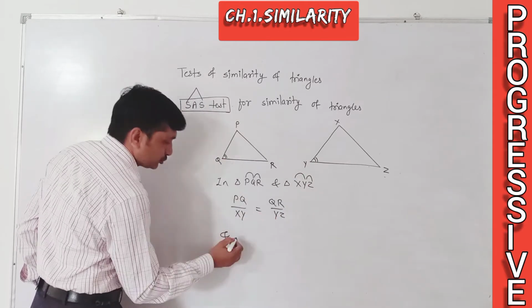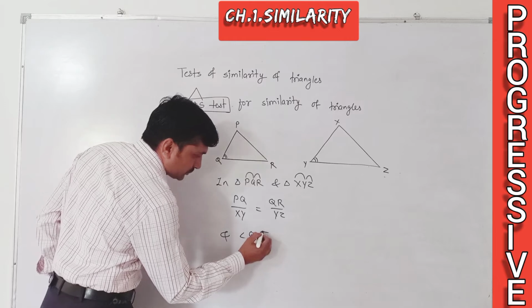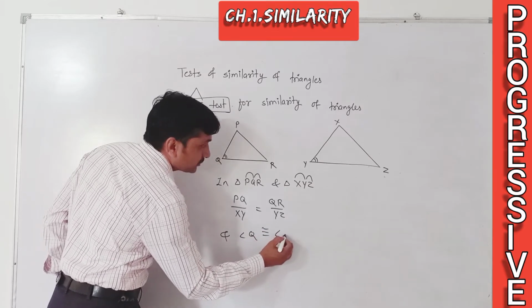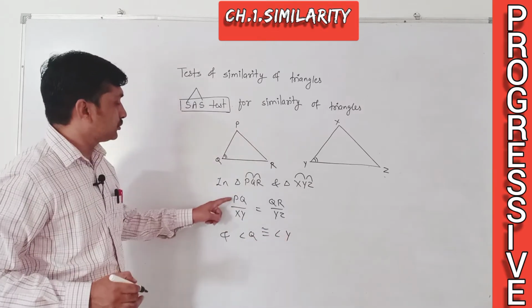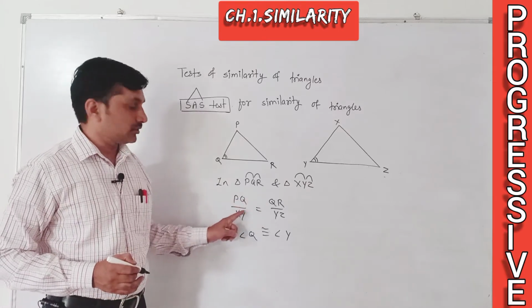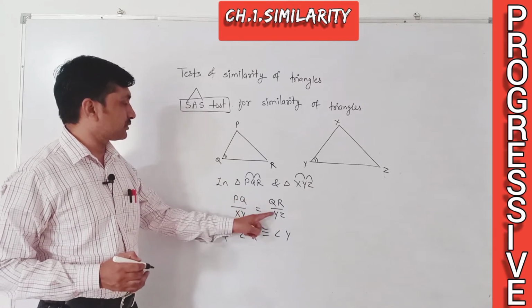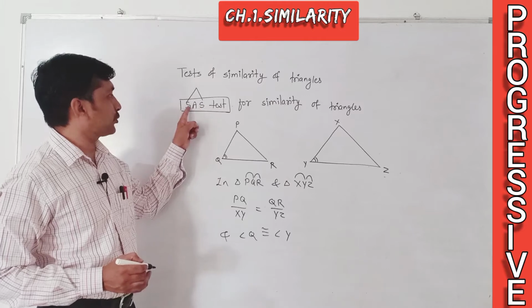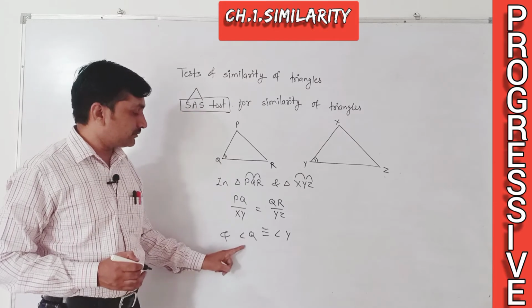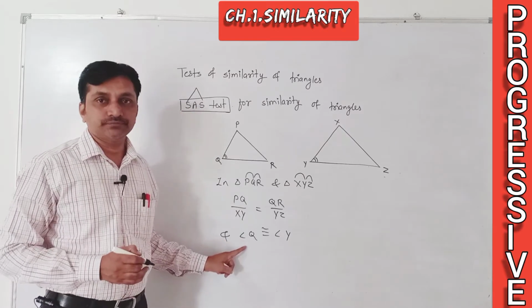And which angle? Angle Q is congruent with angle Y. Here two corresponding sides are in proportion, and the included angle is congruent.